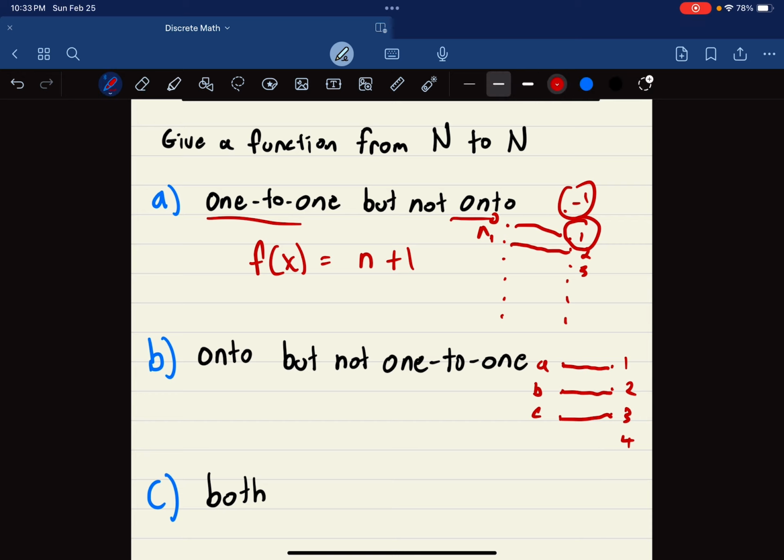So this is still one-to-one because each one has one thing mapped to it.